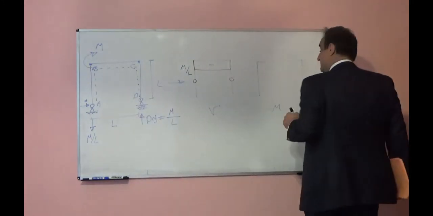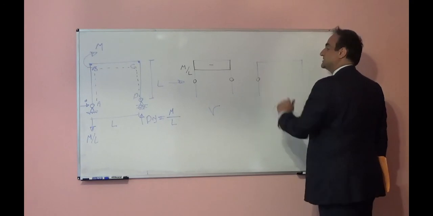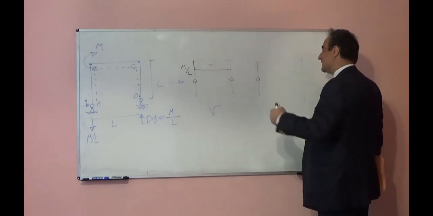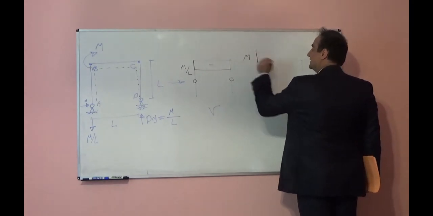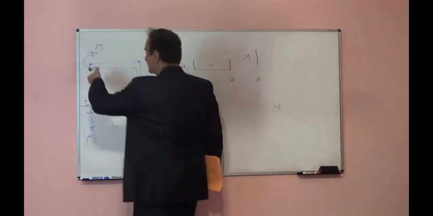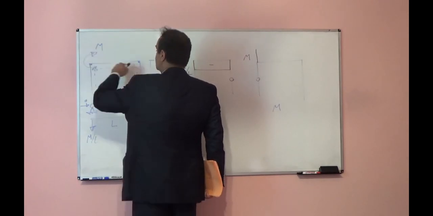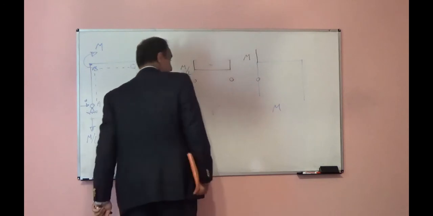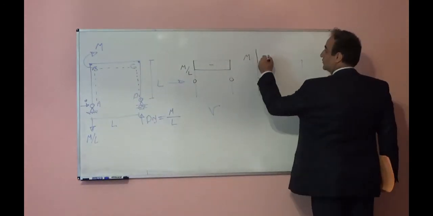A force perpendicular to that member would create moment, so no moment, 0. At joint B, we apply moment M. And that moment M, if I rotate joint B in the M direction, will create tension in the BC part on the dashed line, so it is positive moment.